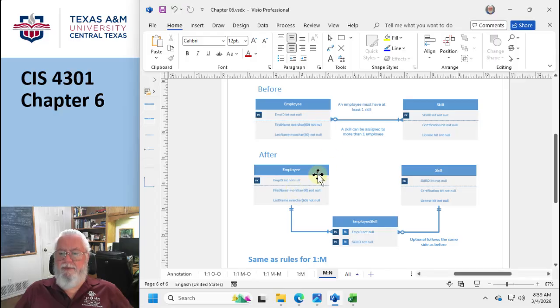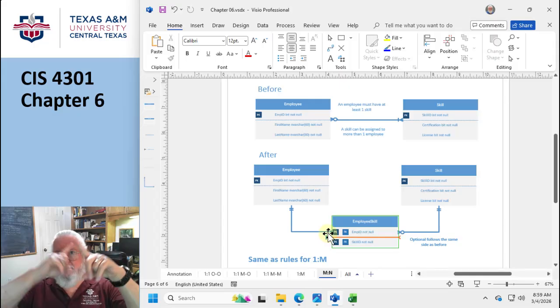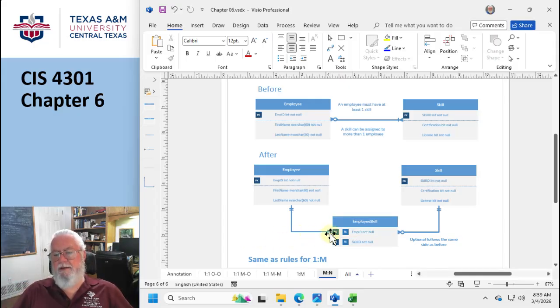So this optional here went to there, that mandatory there went to there. So yeah, it does kind of cross. And then I ended up with this being a compound primary key and two foreign keys: one foreign key that points to there, one foreign key that points to there.